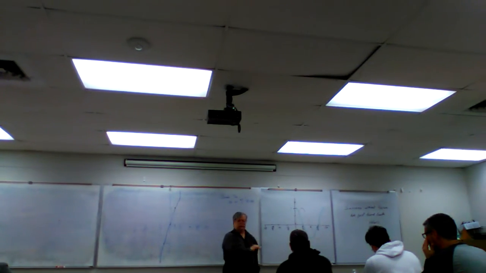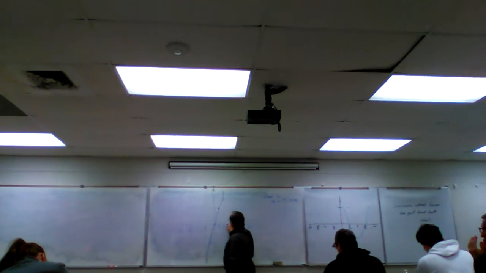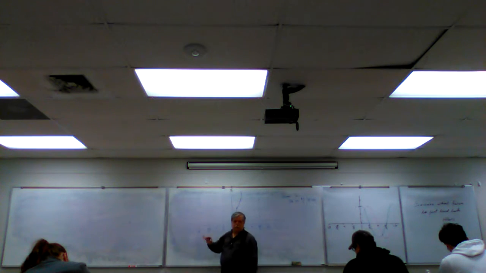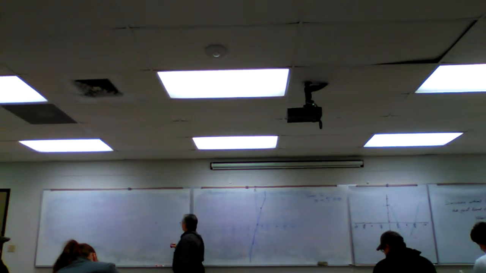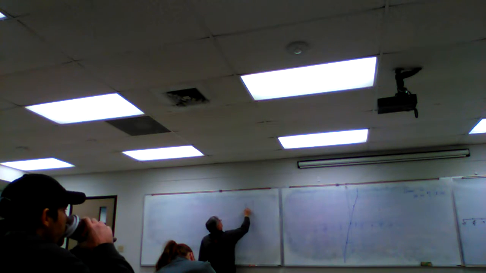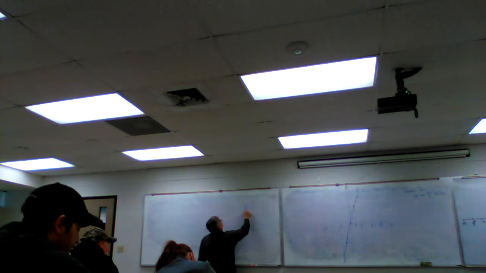What if you were just a little beyond pi over 2? If you say you're at 95 degrees, now you've crossed over into quadrant 2. Once you get into this region here, sine is still positive, but cosine becomes negative.